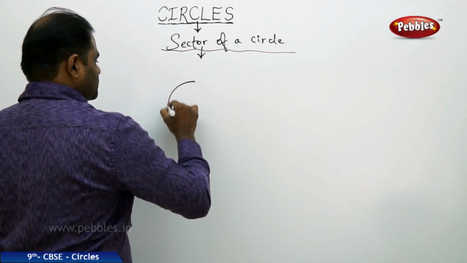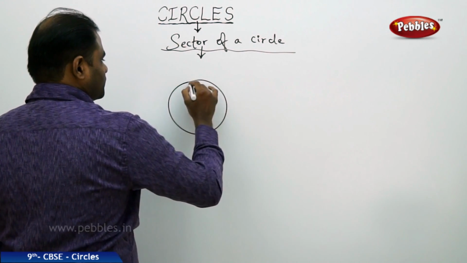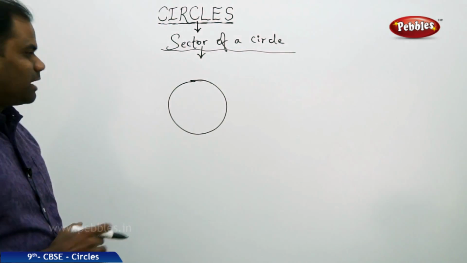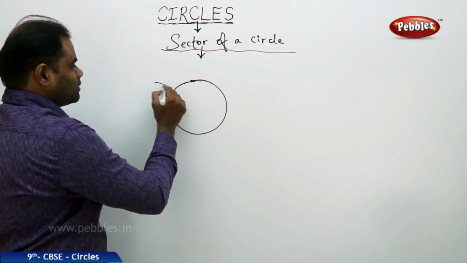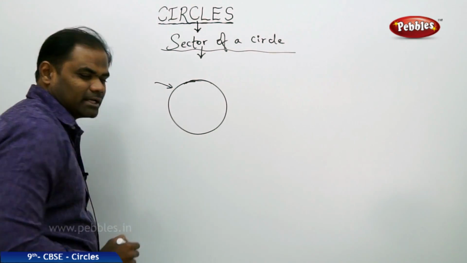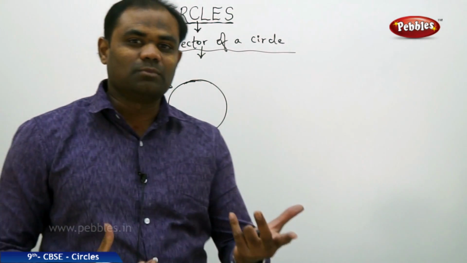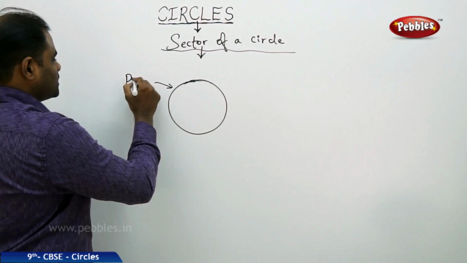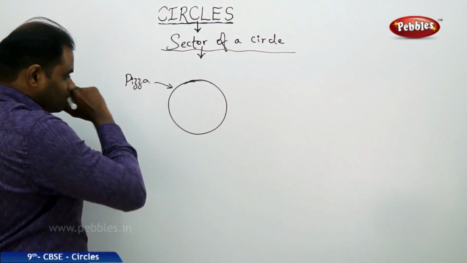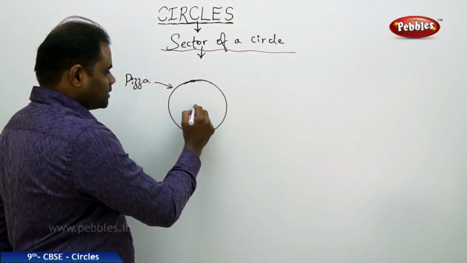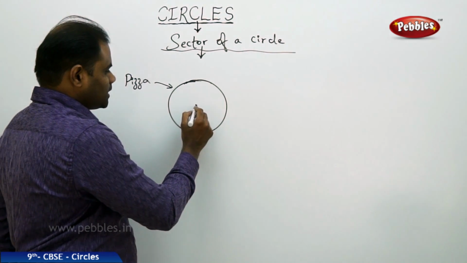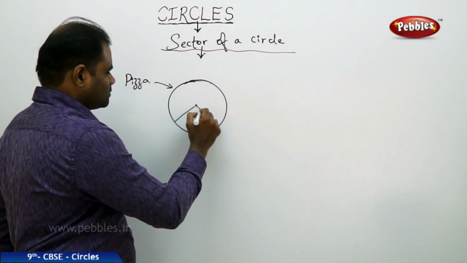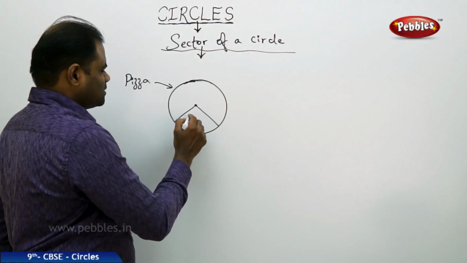So let's take a circle of suitable radius. Imagine this as a pizza, and I would like to define a sector through the real life model of a pizza. So let's consider a pizza which is cut exactly through the center. Say I cut this slice.